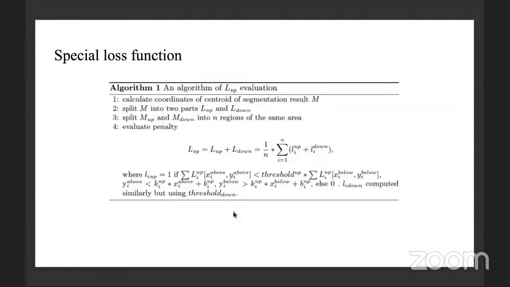The underlying idea for this additional loss is that we know about an image of an eye that it should be somewhat convex.